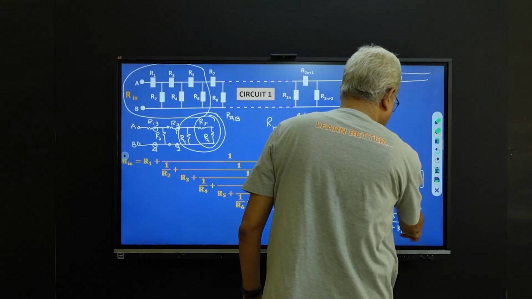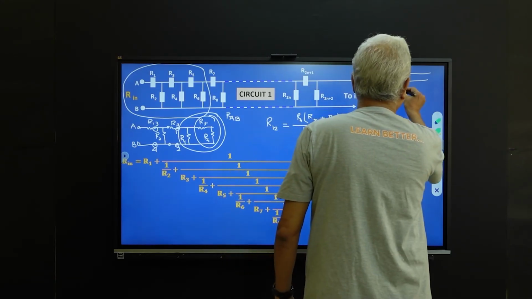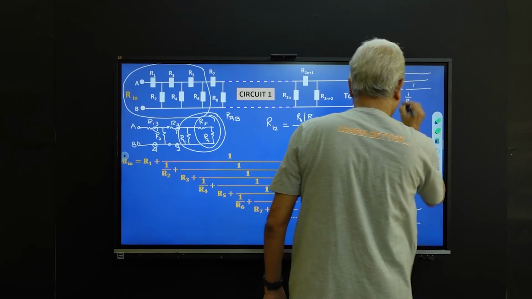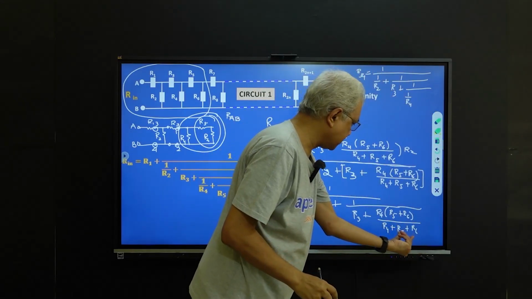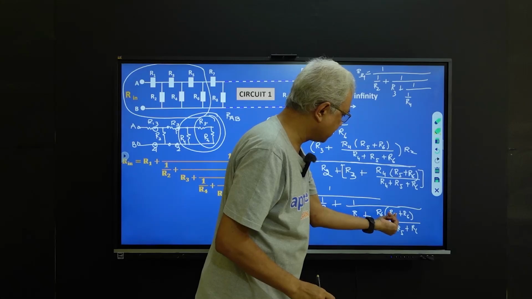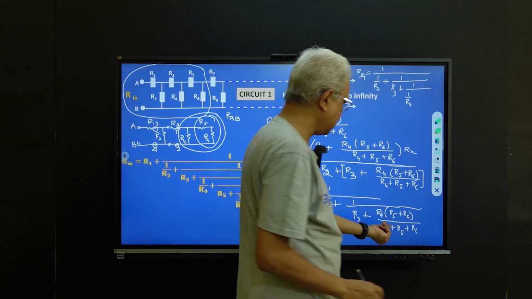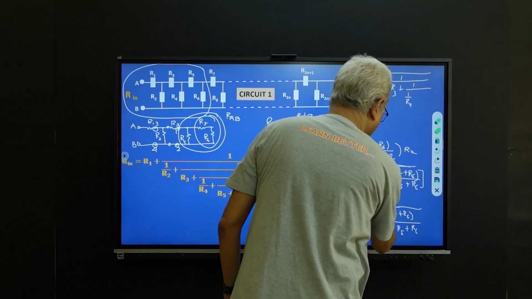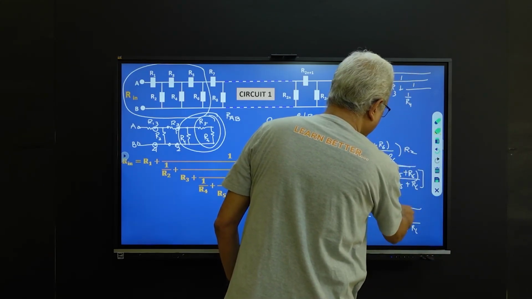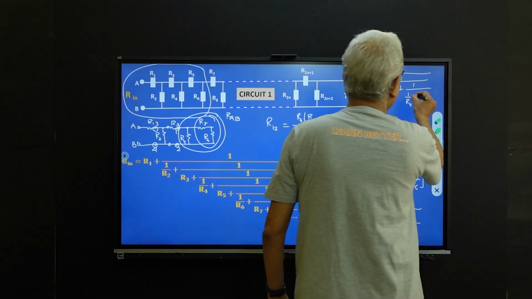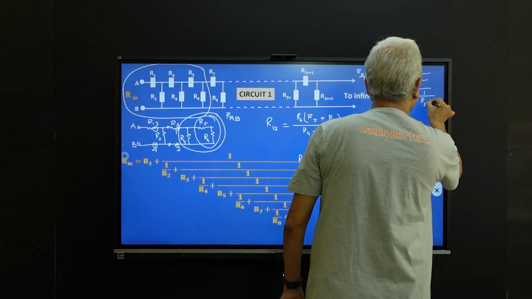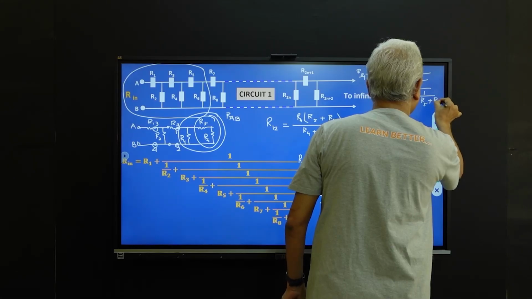The first term gives 1 by R4. R5 plus R6 divided by R4 into R5 plus R6 gives 1 by R5. And R4 divided by R4 into R5 plus R6 gives 1 by R5 plus R6.